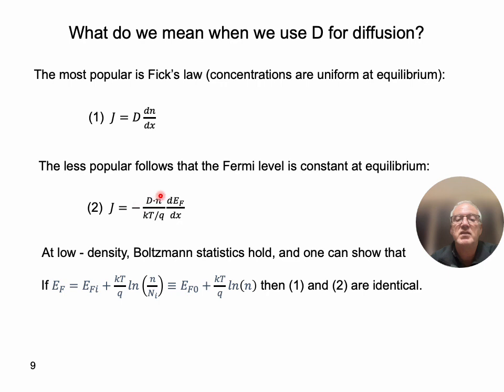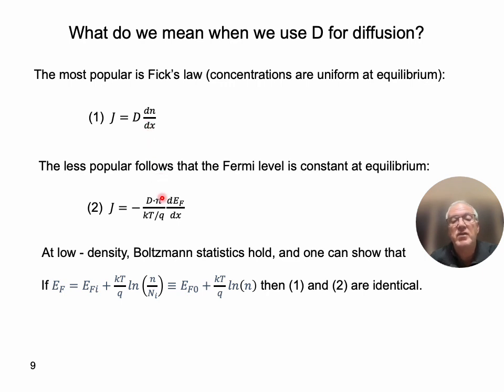And you can say that it is relative to the derivative in the Fermi energy, or the quasi-Fermi energy. And these two may not look the same, and they are not necessarily the same.